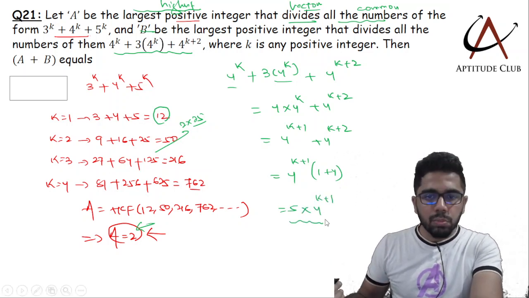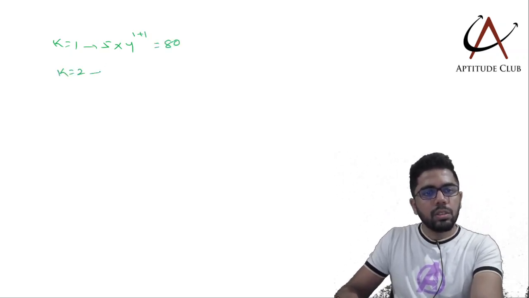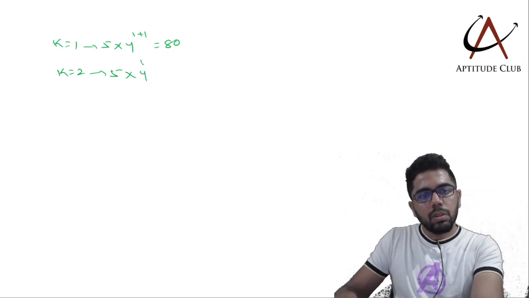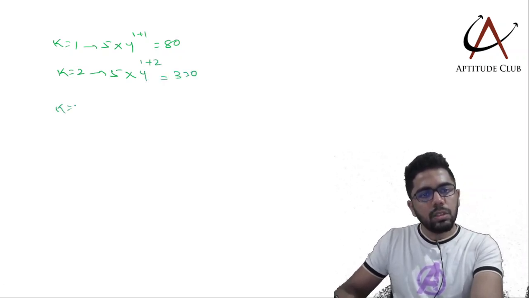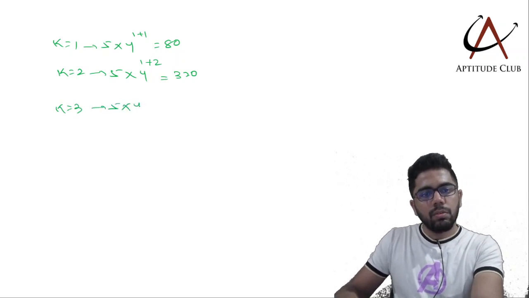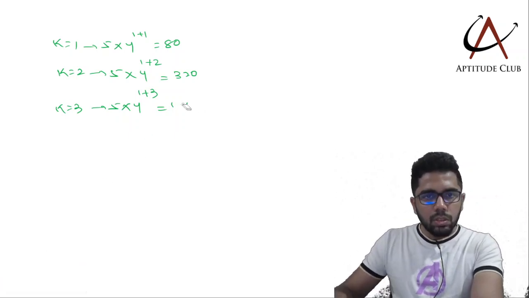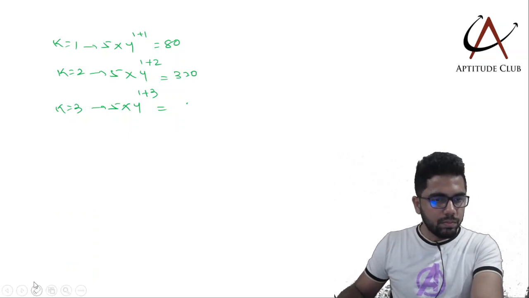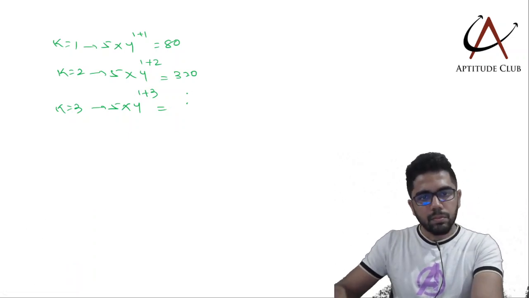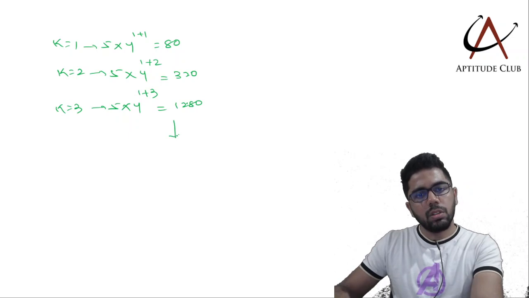इसमें अभी k के वैल्यूज पुट करना स्टार्ट करो. सपोज तुम पुट करोगे k is equal to 1, so 5 into 4 to the power 1 plus 1, so you get 80. Put k is equal to 2, 5 into 4 to the power 1 plus 2, so 320. You put k is equal to 3, 5 into 4 to the power 1 plus 3, so 320 into 4 हो जाएगा ना, so 1280 and so on.